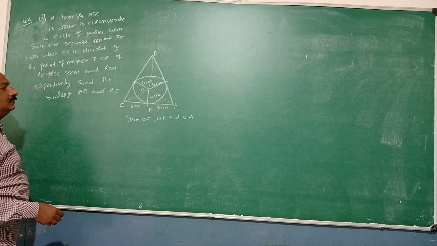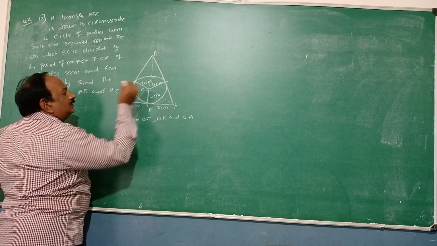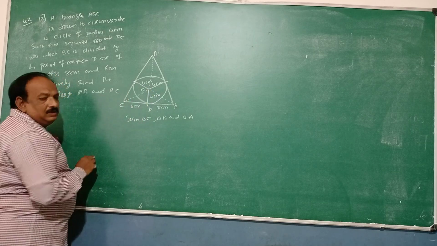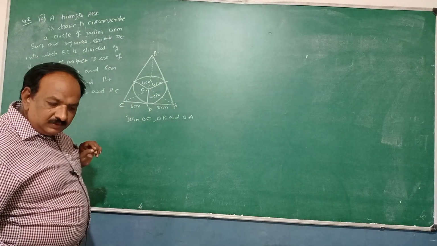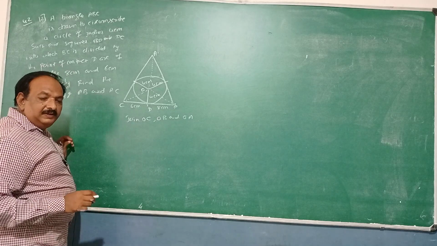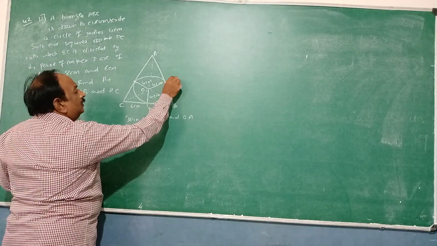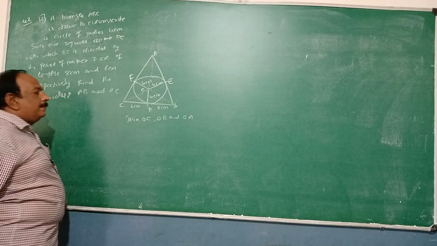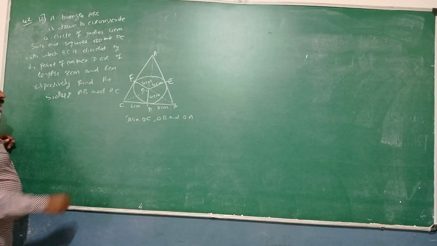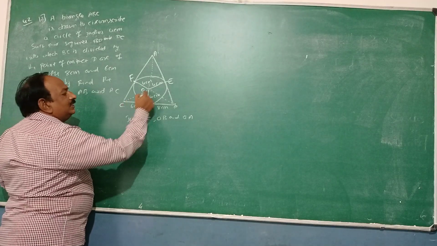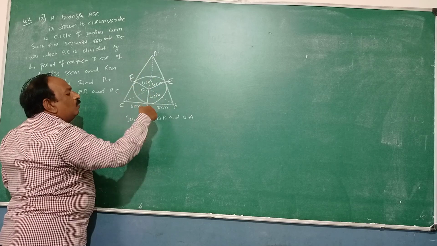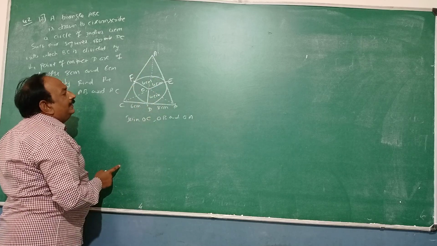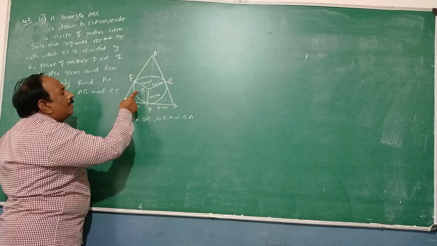Look here, students. This is O, and the points of contact are D, E, F. Look here, join OC, OB and OA. You may write that in that way also.